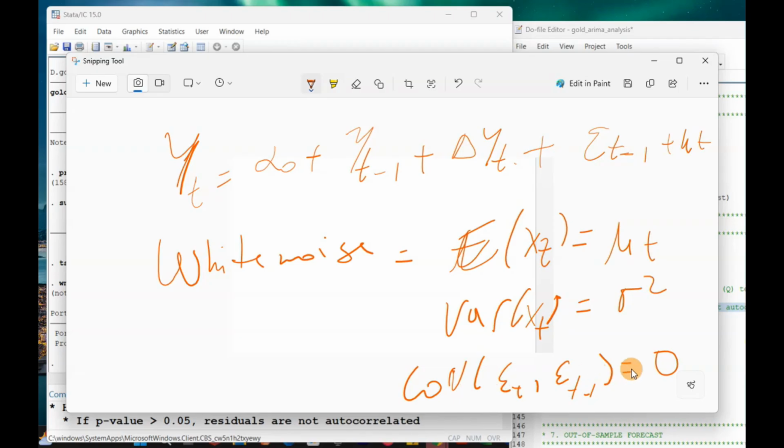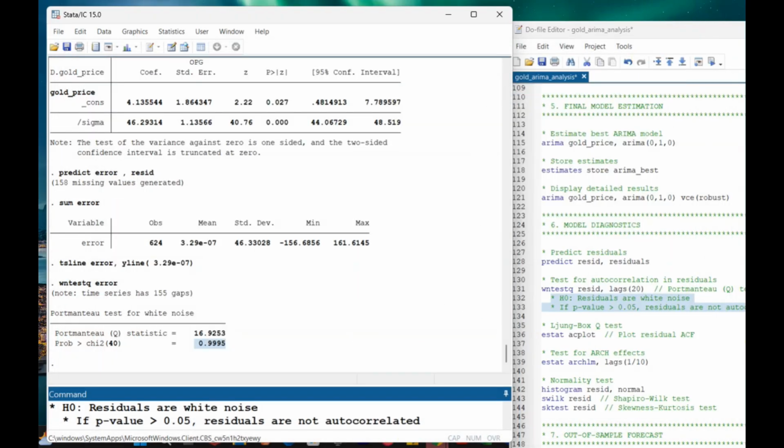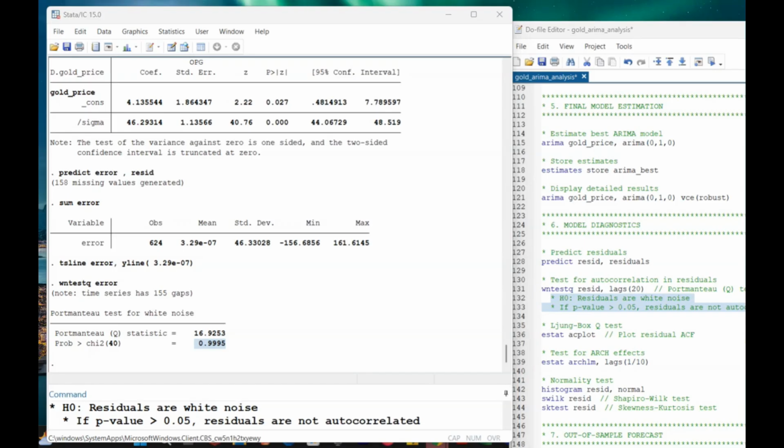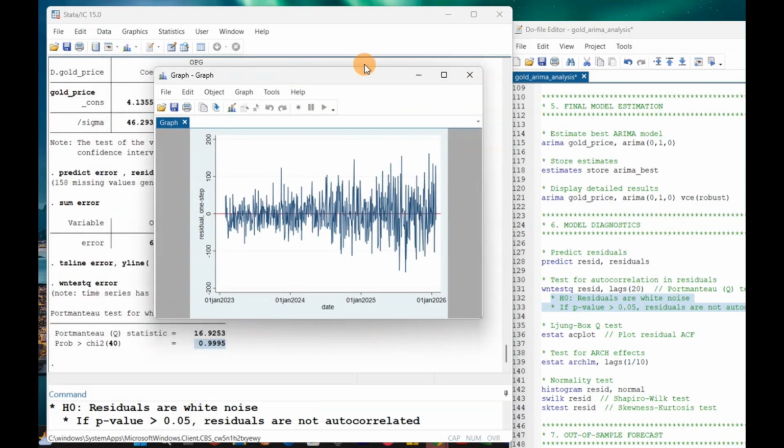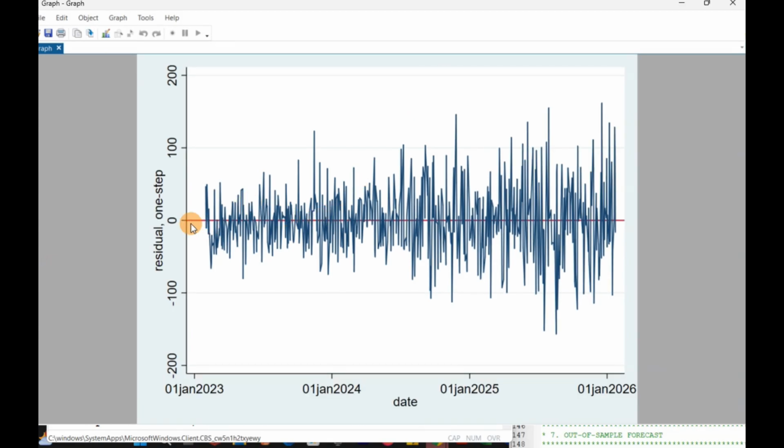Can we test whether the series is stationary? We want to test whether our series is stationary because you have just run the model, right? Why is it not working?